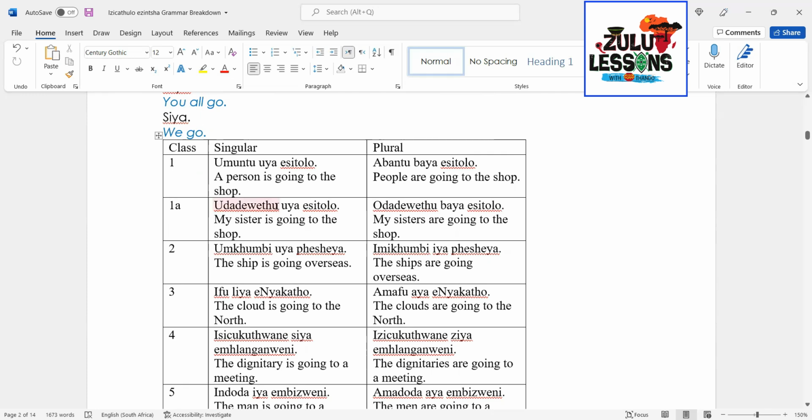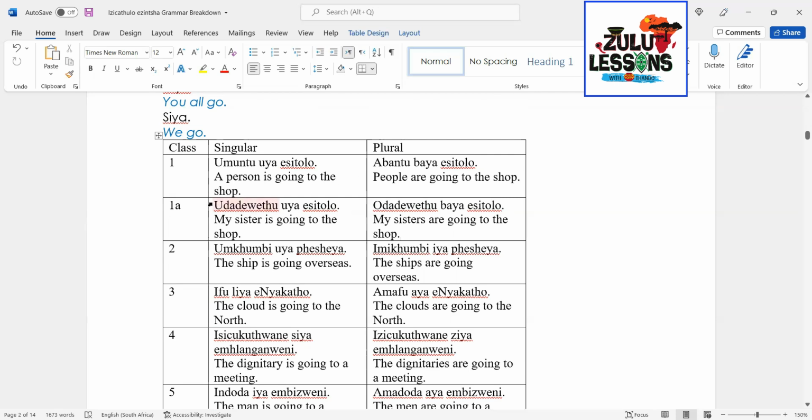Note that the conjugations are exactly the same as for class 1, because class 1 and class 1A behave exactly the same. The only difference between them is the nouns in class 1 are specifically people, and they start with the prefix umu when they are singular, and aba when they are plural, and sometimes abe.